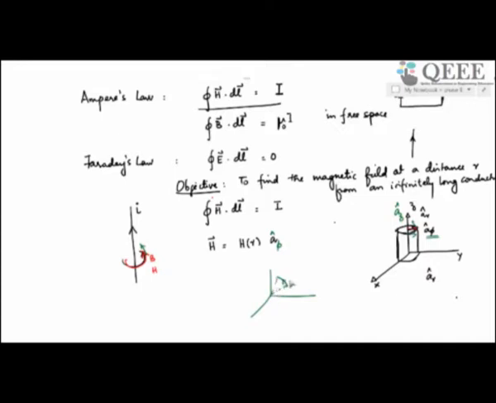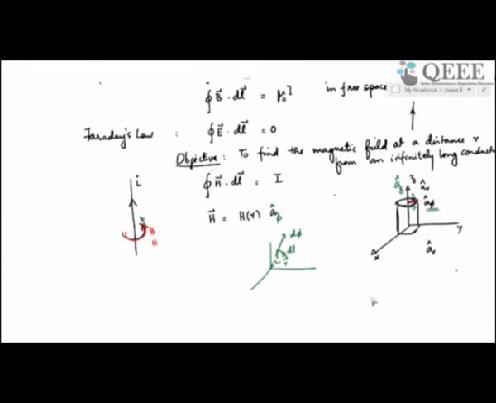this is my DL, elemental length, this is my R, and this angle is my D phi. Or if I actually draw it a little more carefully, okay, and I have to go along this loop.